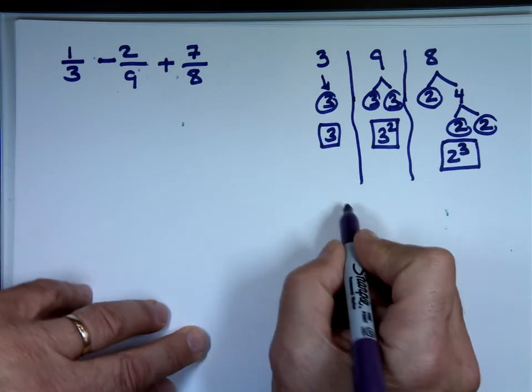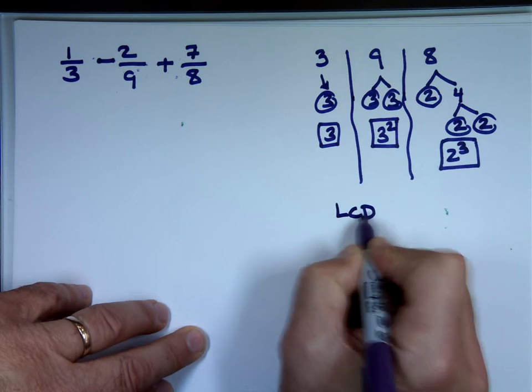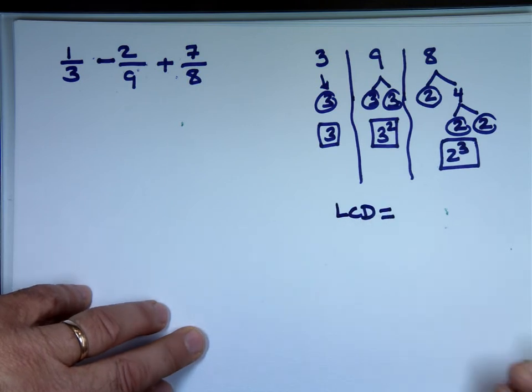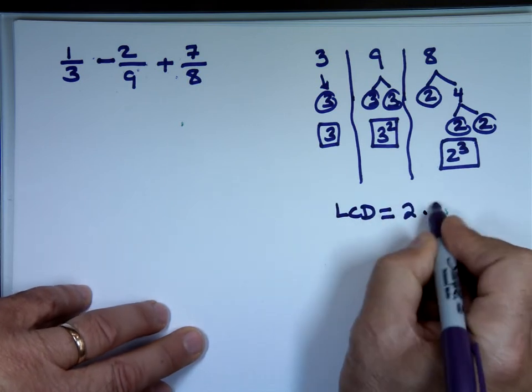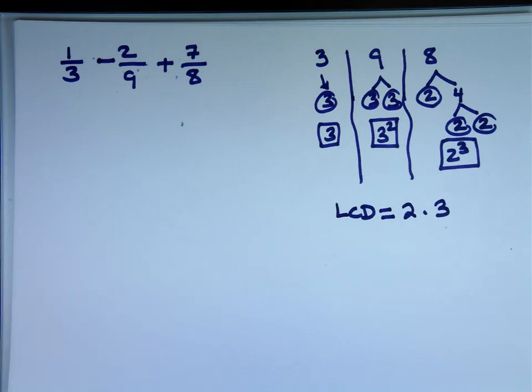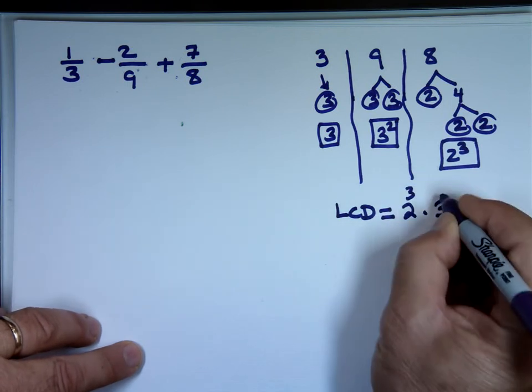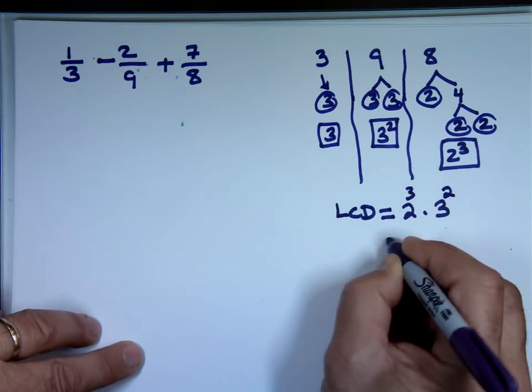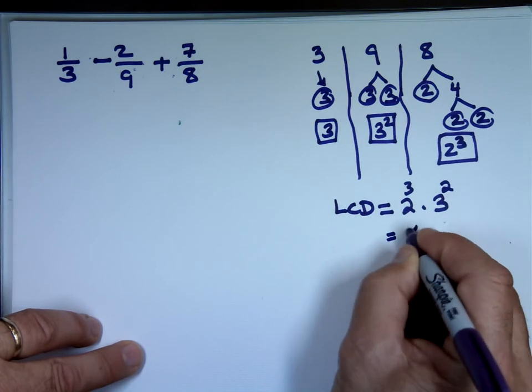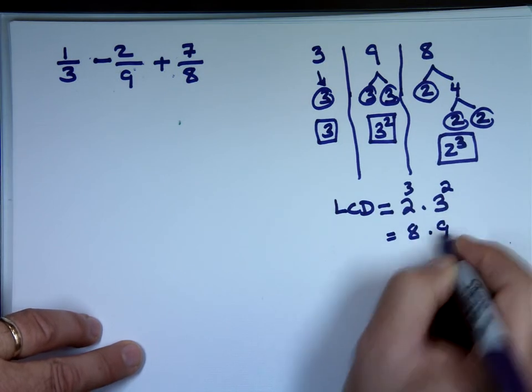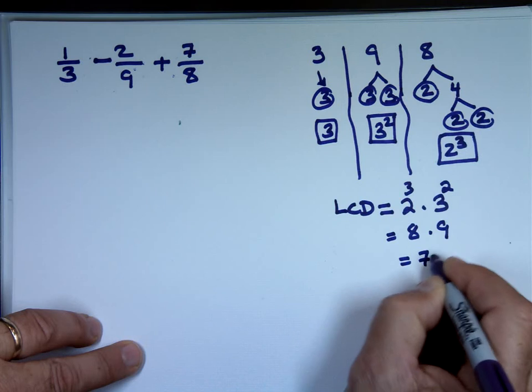My LCD is the multiplication of all the different factors. Well, I only see 2 and 3 for factors on the bottom. And what is the highest power of 2? 3. And what's the highest power of 3? 2. 2 to the 3rd, that's 8. 3 squared, that's 9. 8 times 9 is what? 72.